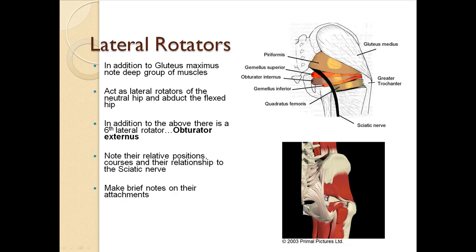So the sciatic nerve will pass from the inside of the pelvis, from internally through to the outside of the pelvis before passing down into the hamstring compartment. This relationship is important as overactivity from piriformis and or gemellus superior can lead to compression of the sciatic nerve, leading to sciatic pain or sciatica. This condition is often referred to as piriformis syndrome.